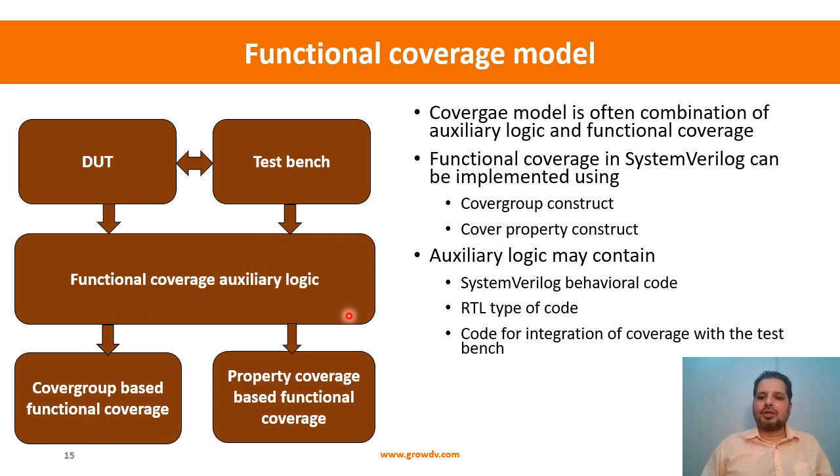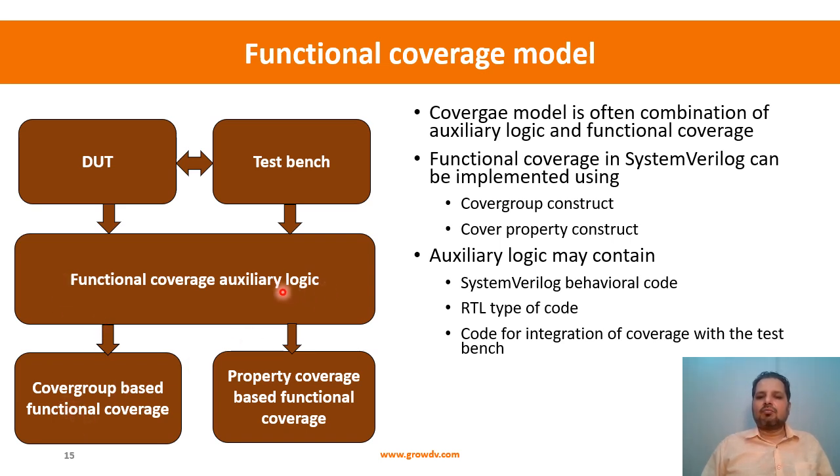So the block containing the auxiliary logic is shown. You might be taking certain information from the DUT, and certain transactions and state information from the test bench, doing some sort of massaging or passing them as is, and then you pass it to a cover group based functional coverage model.